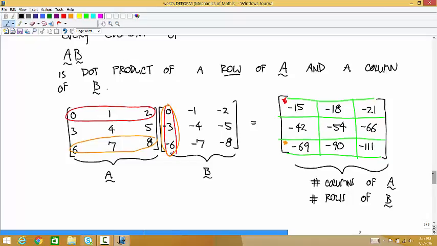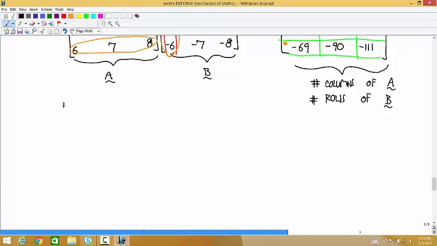Okay. Here's another way to think about that formula. If you have a matrix A and you're multiplying it by a matrix B, let's say A is M by N, and B is R by S. And actually, that can't be.